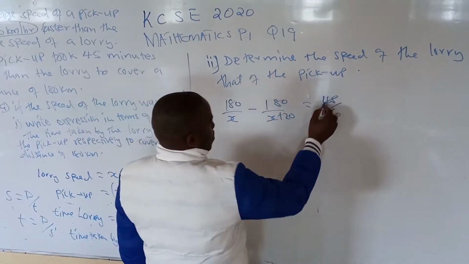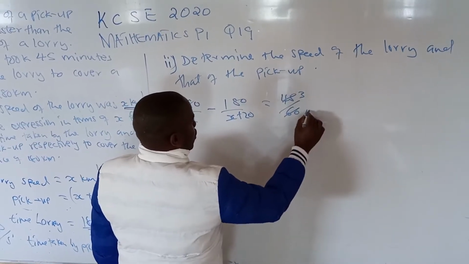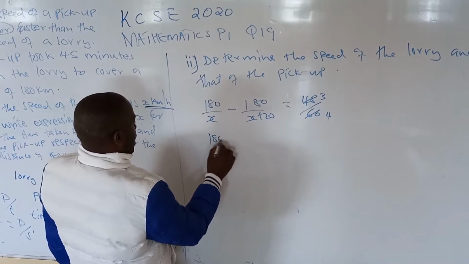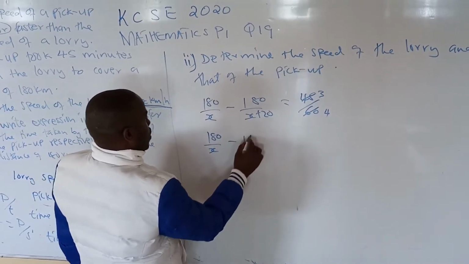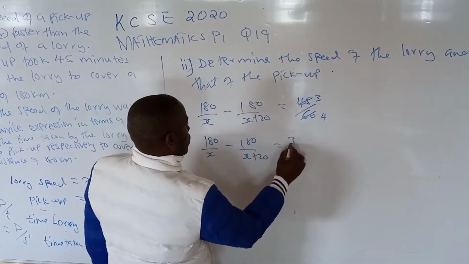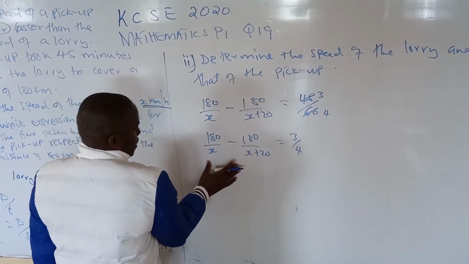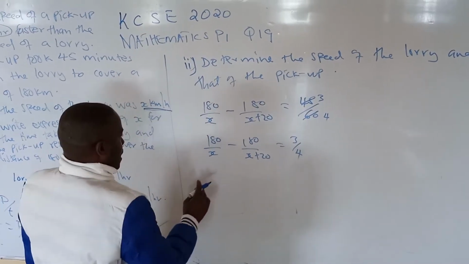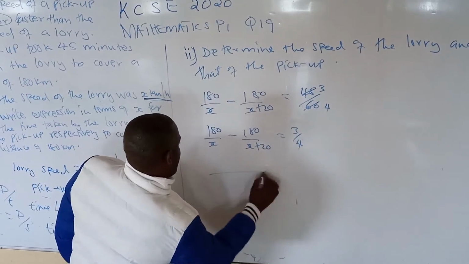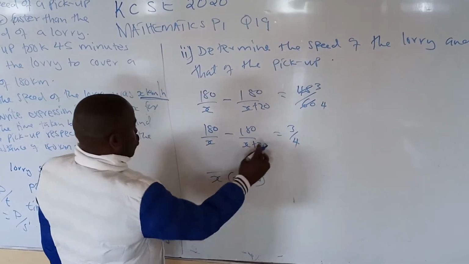If you simplify, 15 goes into 45 three times and into 60 four times. So we shall have 180 over x minus 180 over x plus 20 equals 3 over 4. Now, we can simplify the left-hand side by finding the LCM, which will be x into x plus 20, the multiplication of the two.